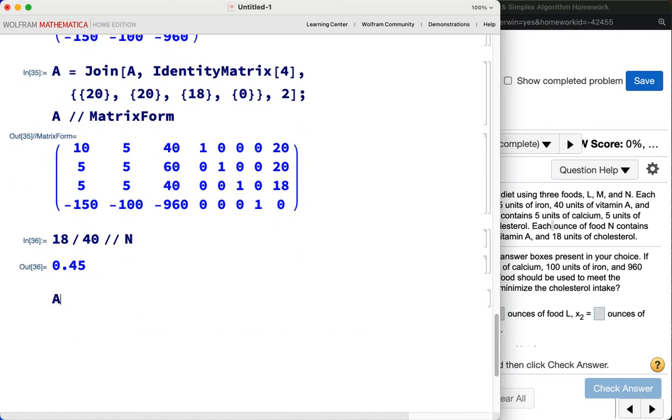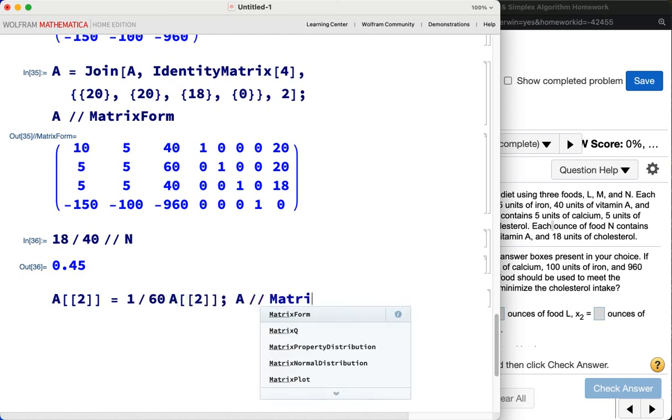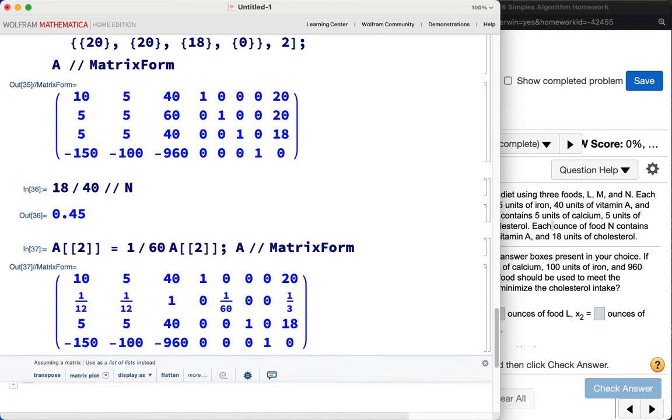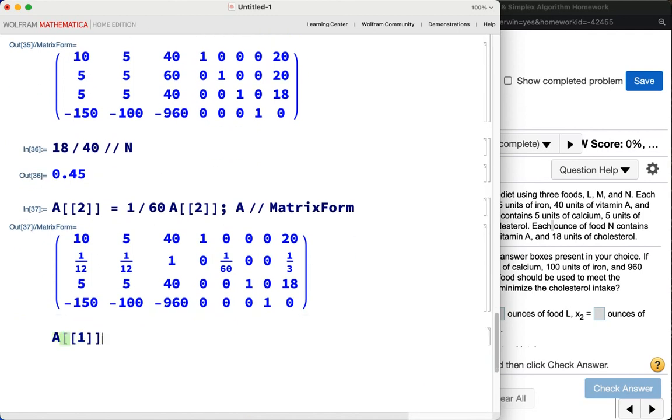So we're manipulating the second row, and that's 1 over 60 times the second row. Then the first row is equal to the first row minus 40 times the second row.